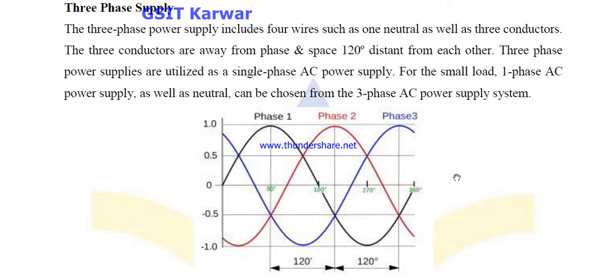Three-phase power supplies can also be utilized as a single-phase AC power supply. For a small load, one phase as well as neutral can be taken from the three-phase AC power supply system.